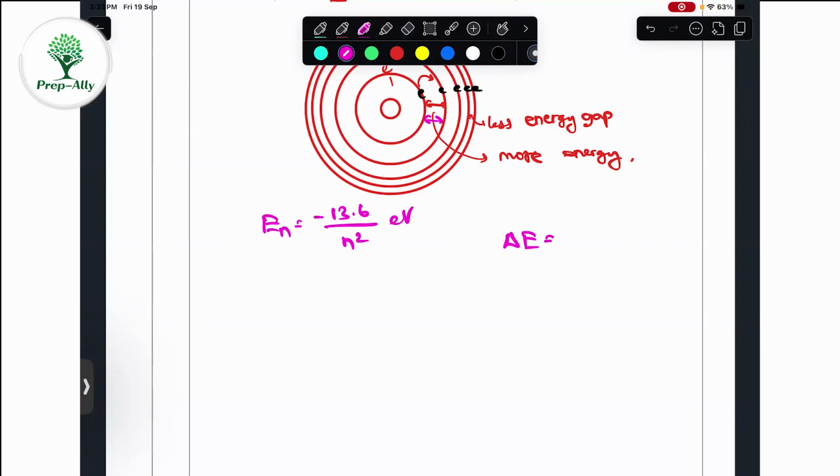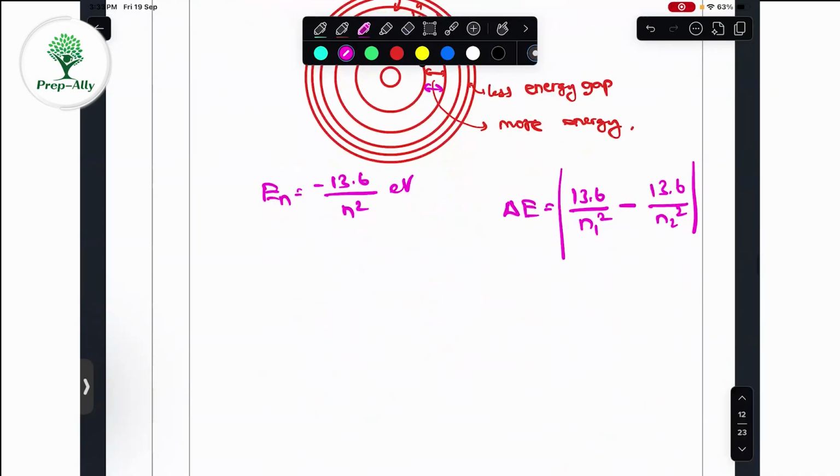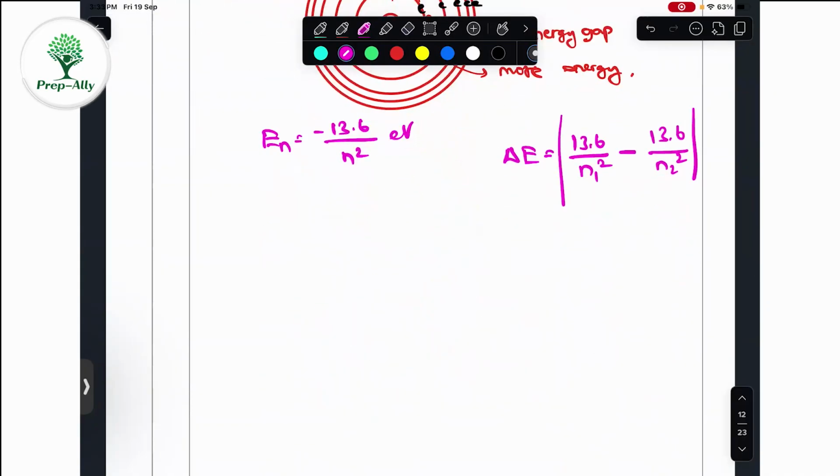So I can say del E is equal to 13.6 divided by n1 square minus 13.6 divided by n2 square. Here they are asking about the energy difference, so you can just put the modulus so that whatever value comes will be positive. So del E, calculate now.